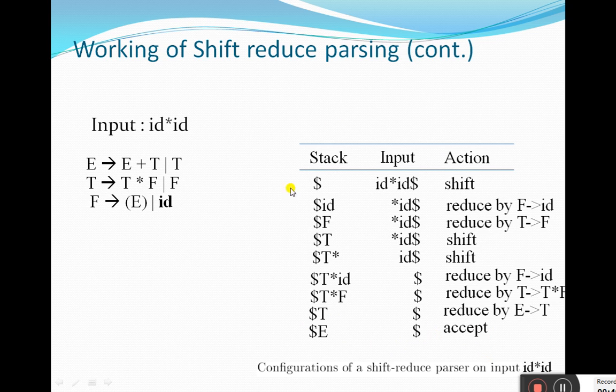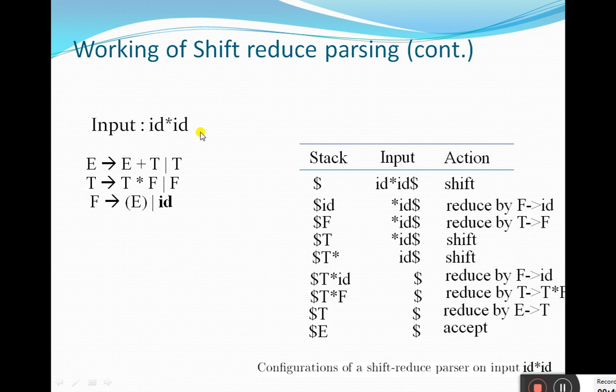Okay. So this table shows the configurations of the shift reduce parser on the input id star id. As an exercise, take one more string, open parenthesis id plus id close parenthesis star id. Now try to show all the configurations for the shift reduce parser.